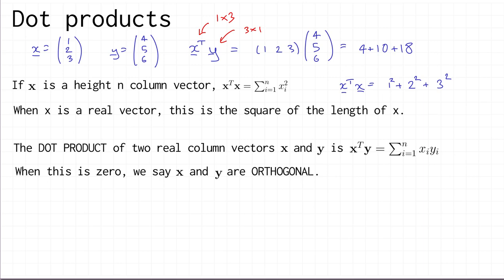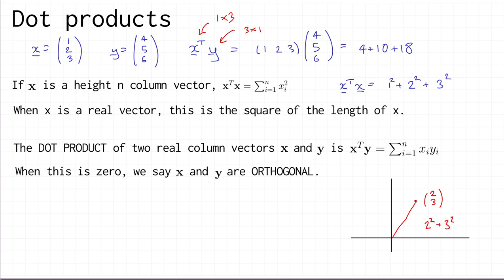So if you want to think about this in 2 dimensions, you can draw yourself a picture to see what's going on there. Let's draw some coordinate axes like this. And then if you had a vector which was here, so the vector, if we draw this line from 0 to my point here, which is, let's say, the vector 2, 3, then the square of the length of that line by Pythagoras' theorem is 2 squared plus 3 squared.